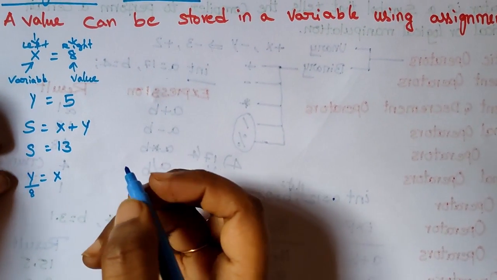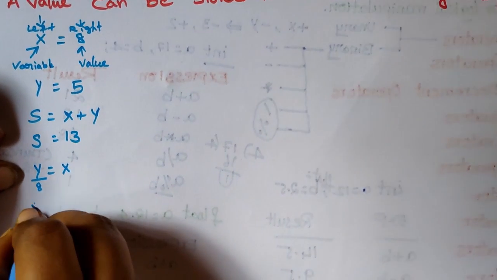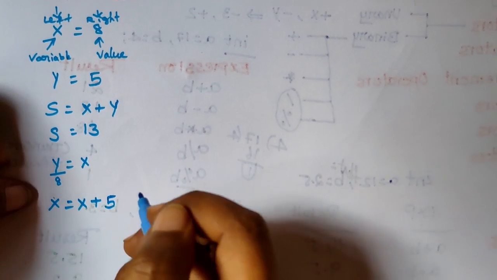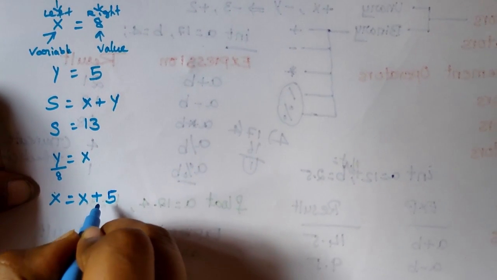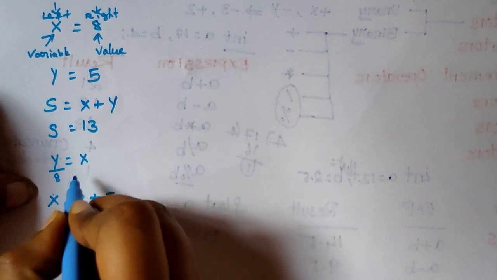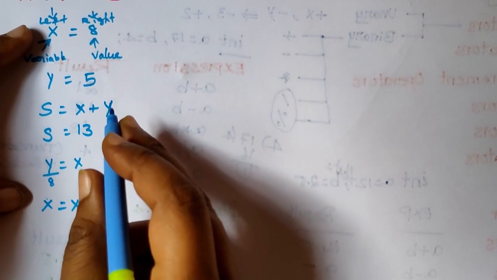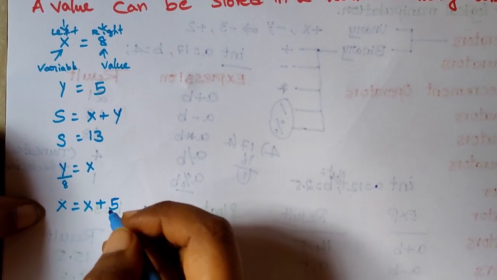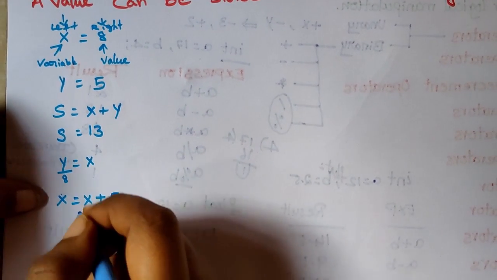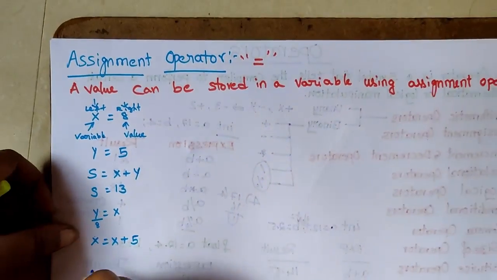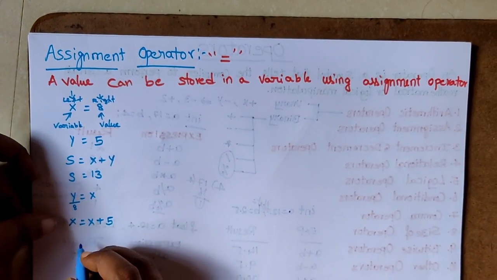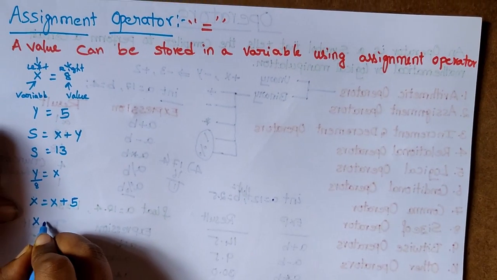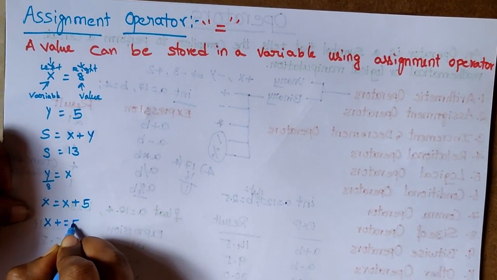And one more kind we can do: the same variable name can be used inside also, like x equal to x plus 5. We should not use it like this without declaring the variable. Initially we declare the variable x, and only then can we use it. If you write it without declaring x, it will show an error. We have to declare the variable first. And this thing we can write as a compound assignment operator.